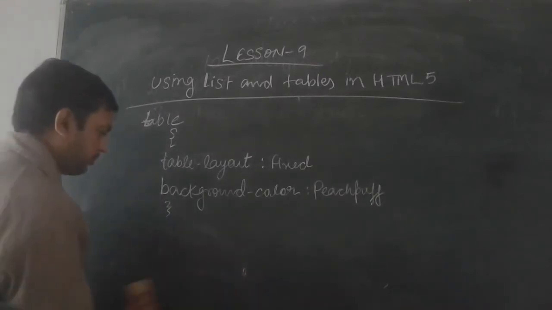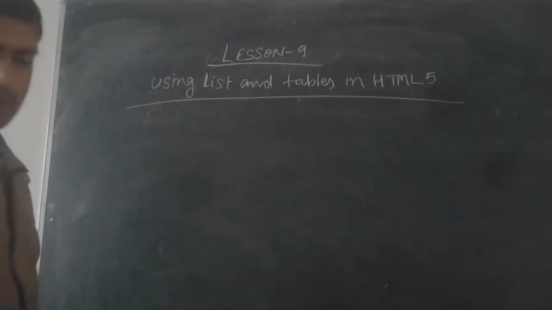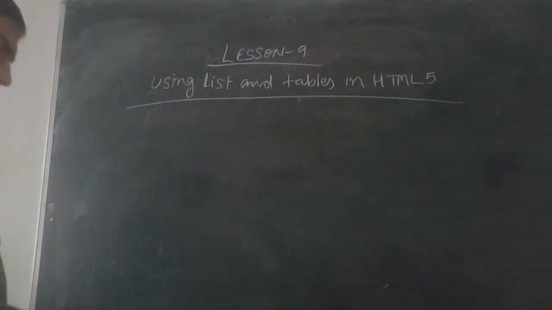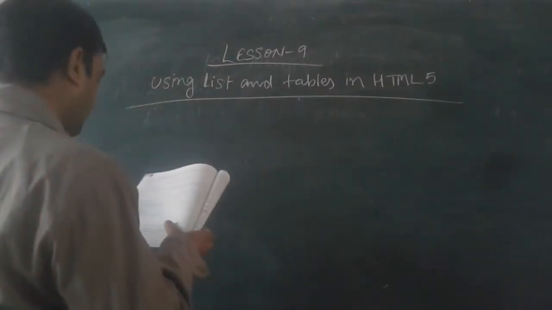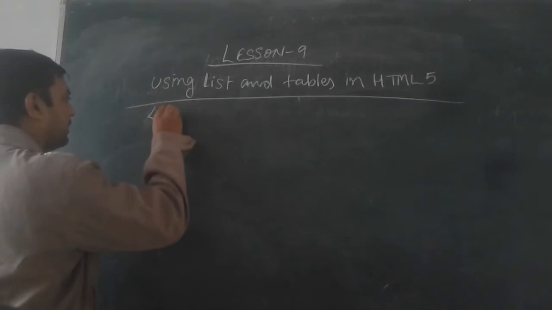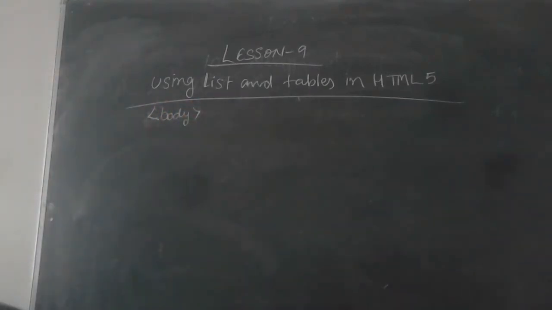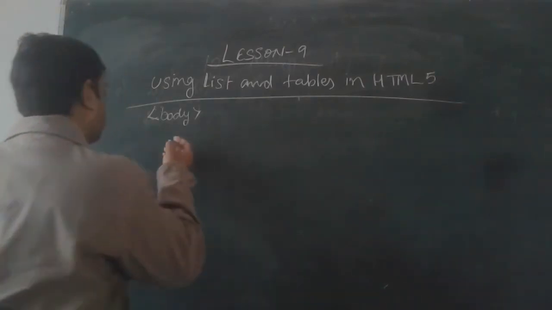Now you will not write any properties inside the program. You can use the body tag now, and in this body tag you can use the attributes which you have given. For example, table.